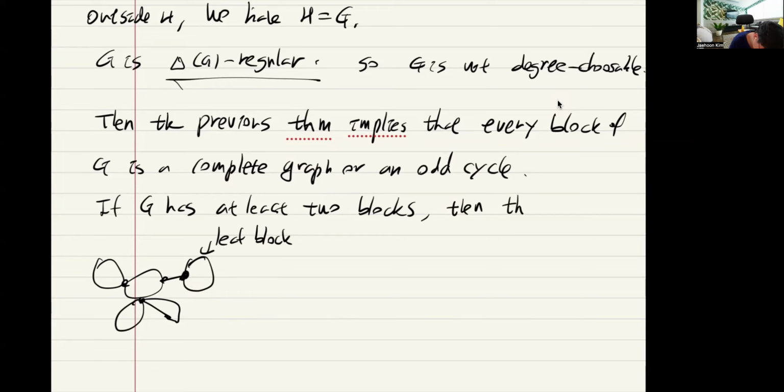And this leaf block has a cut vertex, which belongs to another block. Then what happens?